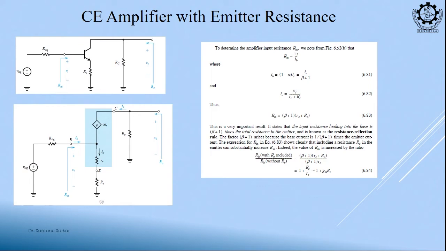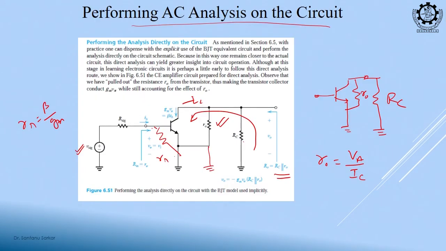Now, suppose you have this circuit with an additional RE given. We discussed this, right. What is the job of RE? The job of RE is to provide a negative feedback, so that you can overcome the thermal runaway, right. Now, what will happen to the gain?